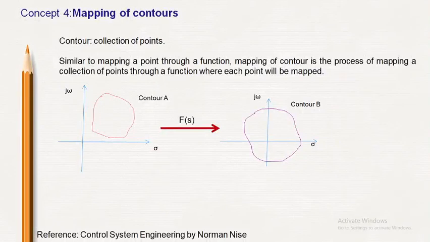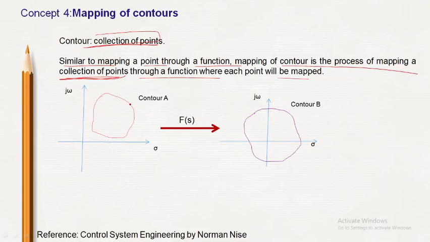Now the extension of mapping of a point is mapping of contours. Contour, in maths you must have heard about contours. So what is a contour? It's a collection of points. Similar to mapping a point through a function, mapping of a contour is the process of mapping a collection of points, where each point is mapped through the function.